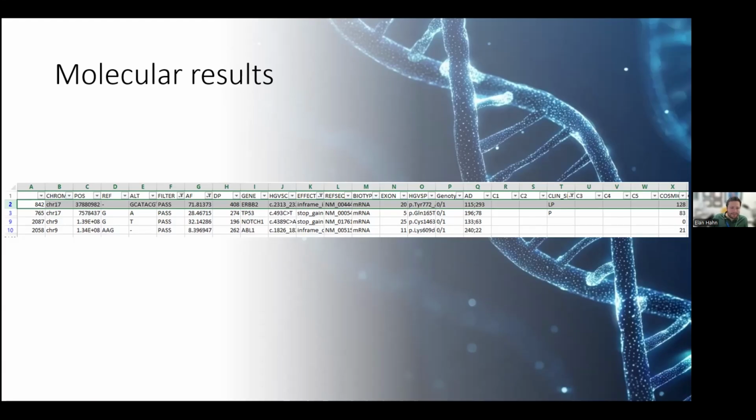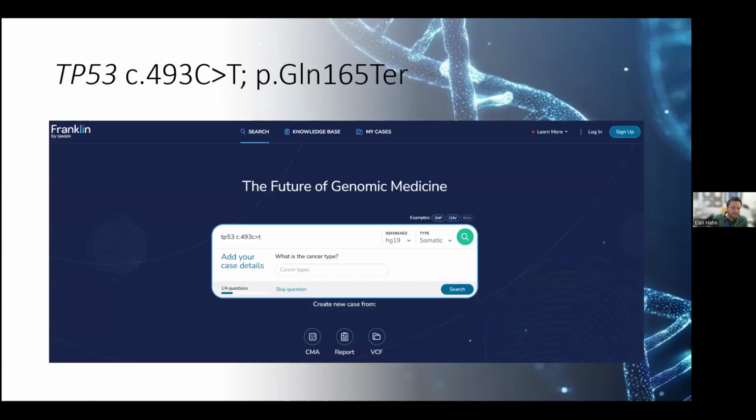So first, we're going to start with the TP53 variant, which is in row 3. So Franklin by Genoox is one of those useful tools that I had highlighted earlier that takes a lot of the information and puts it all in one place in a way that's very easy to use. So I'll show you how we use this.